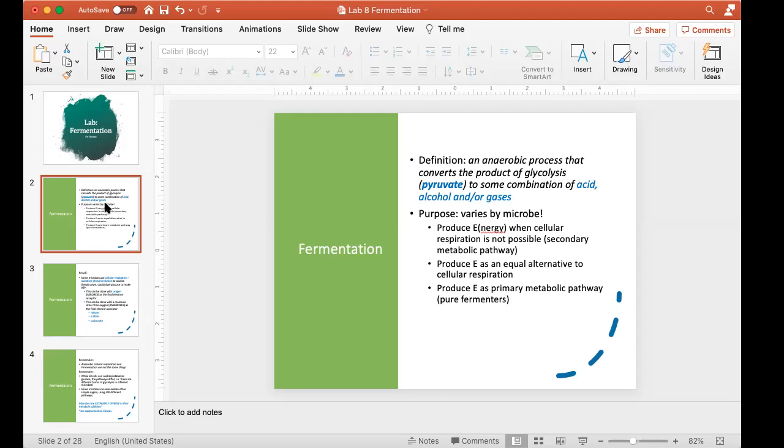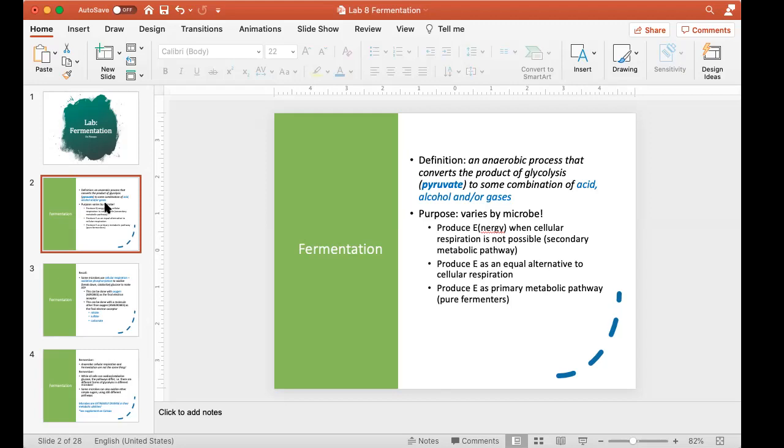There are microbes who normally do cellular respiration, either aerobic or anaerobic, but they find themselves in a situation where they can't get enough of their final electron acceptor, whether it's oxygen or one of the anaerobic ones like nitrate. If they can't get enough of their final electron acceptor, they can't do cellular respiration. So they turn to fermentation as a secondary pathway.